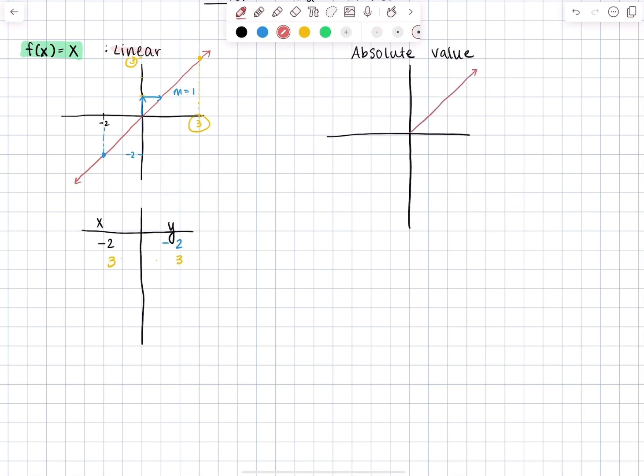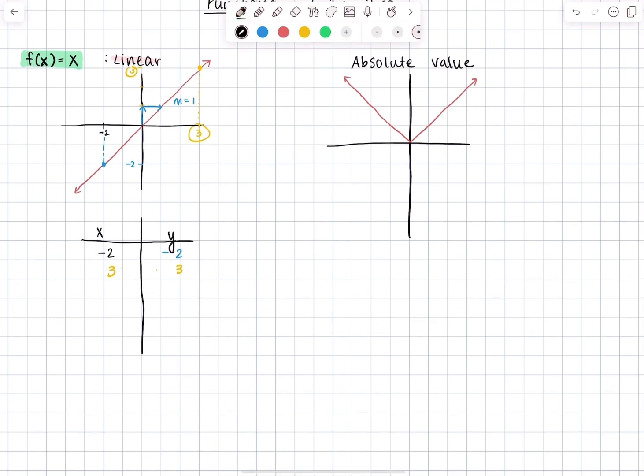The first part looks like a linear function, but then instead of going downwards like this, you're going to go up in this direction onto quadrant 2. Perfect. So the way you write this would be f of x, or y, is equal to the absolute value of x.